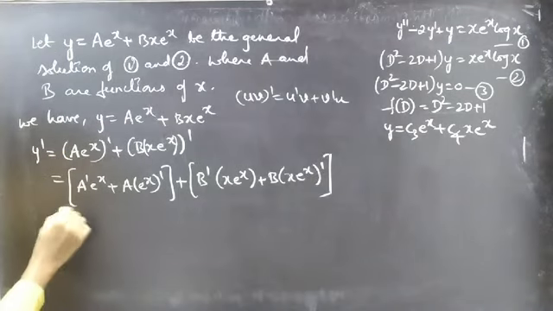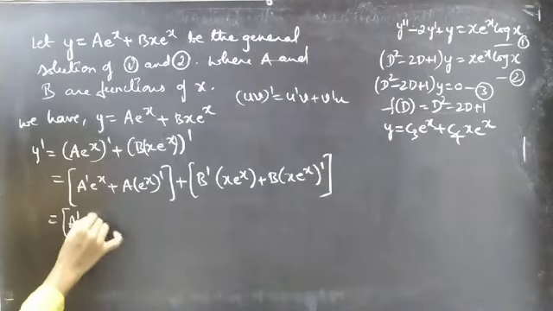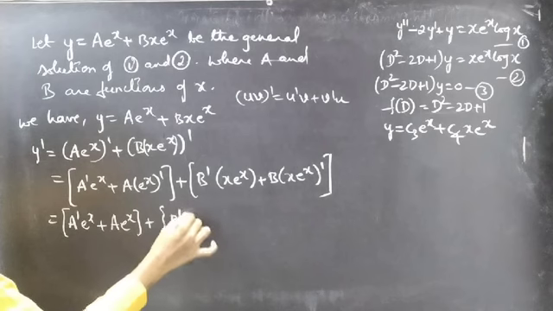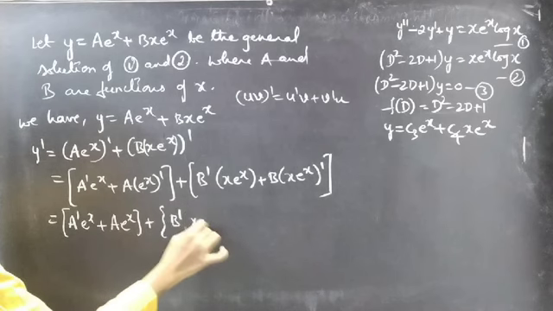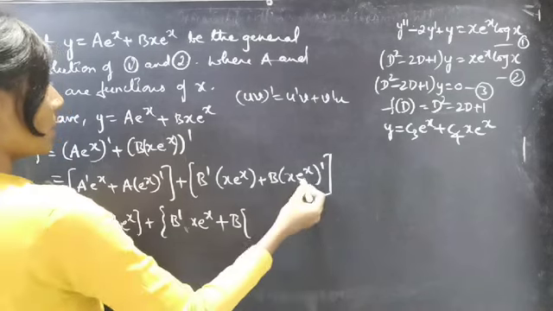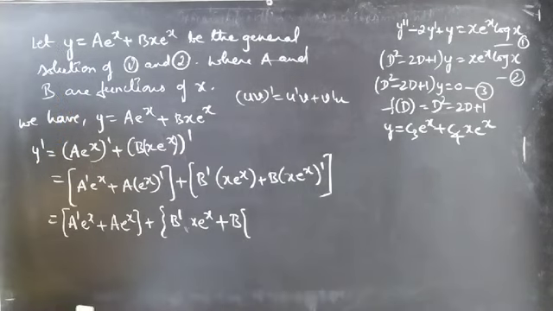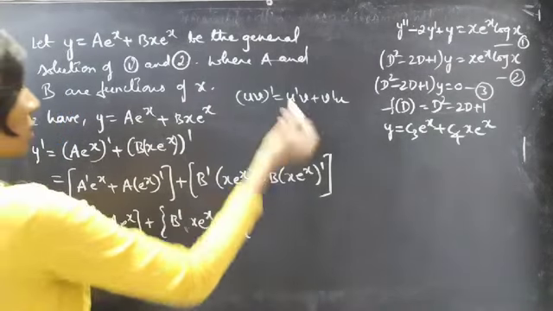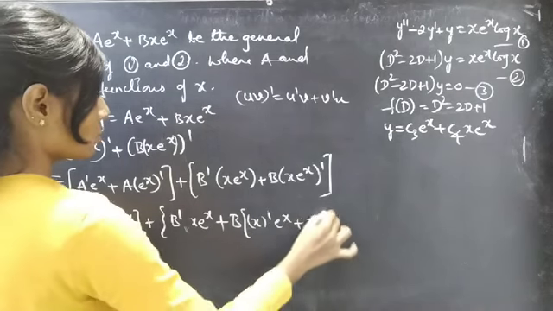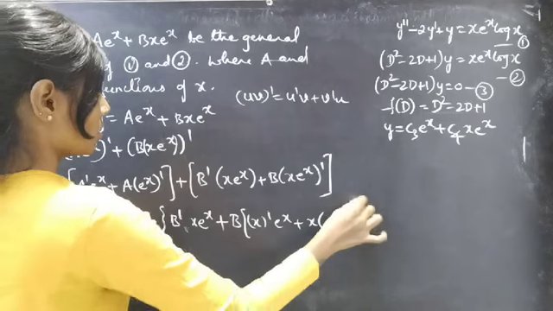This gives us a dash e power x plus a into the derivative of e power x with respect to x, which is e power x, plus b dash into x e power x plus b into, now let's find the derivative of x e power x using the uv whole dash formula.